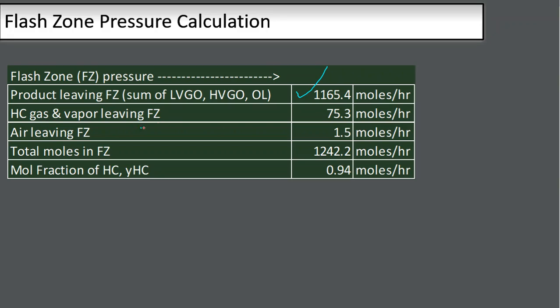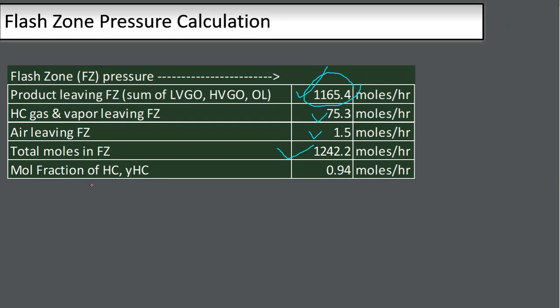For the hydrocarbon gases and vapor leaving the flash zone, if we convert their values into moles by dividing by the molecular weights and add them, that comes around 75.3 moles per hour. And the air leaving the flash is 1.5 moles, because of 44 divided by 29 molecular weight. Amount divided by molecular weight gives the number of moles. So the total moles in the flash zone is 1242, out of which 1165.4 moles are the products.